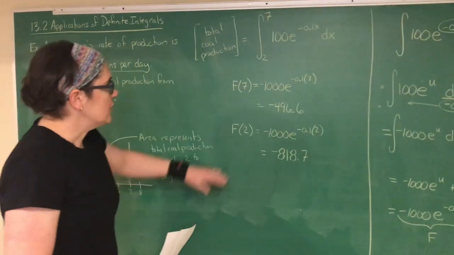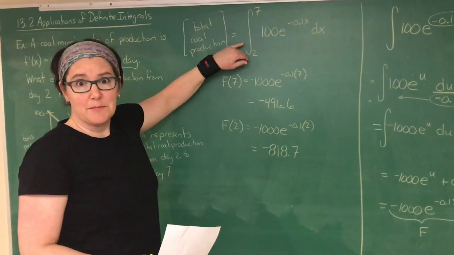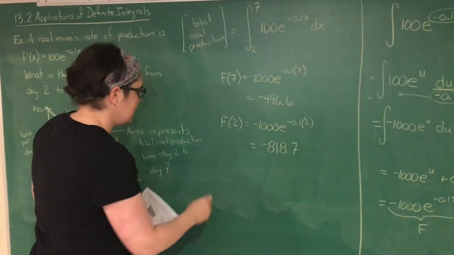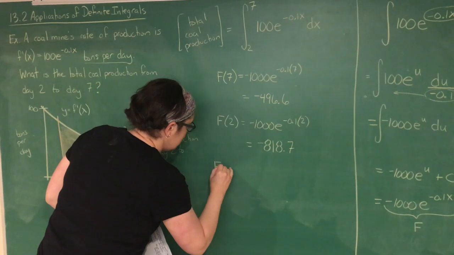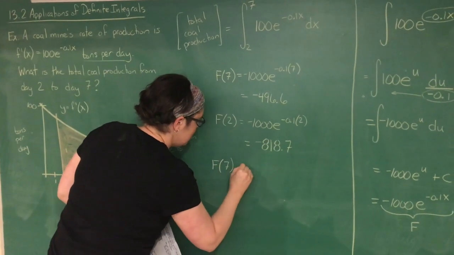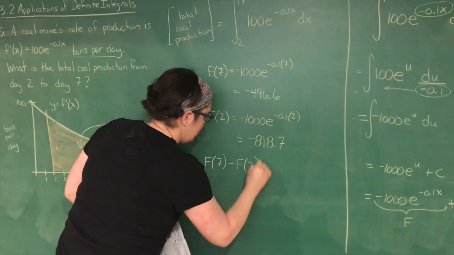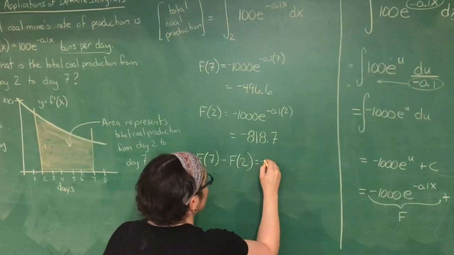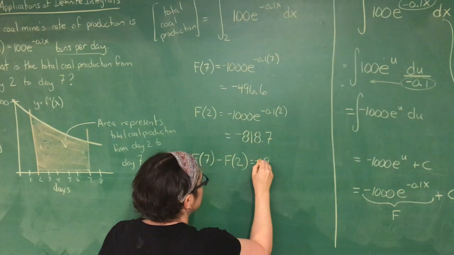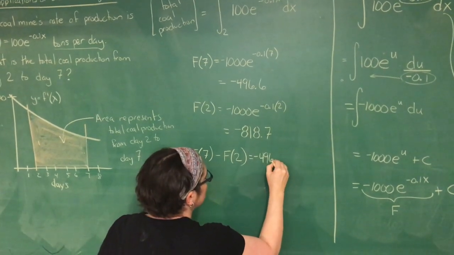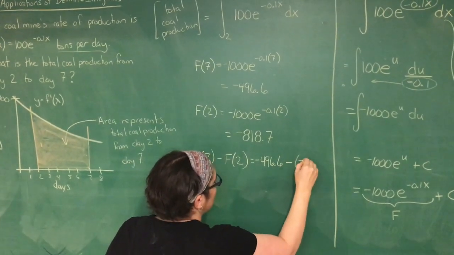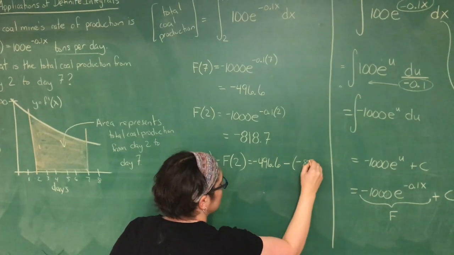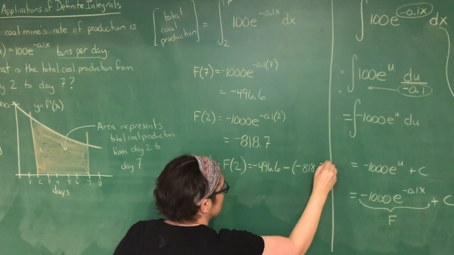Okay, so we plugged our top number and our bottom number into our antiderivative. Now we're going to subtract. So F of the top number minus F of the bottom number is going to be negative 496.6 minus a negative 818.7.